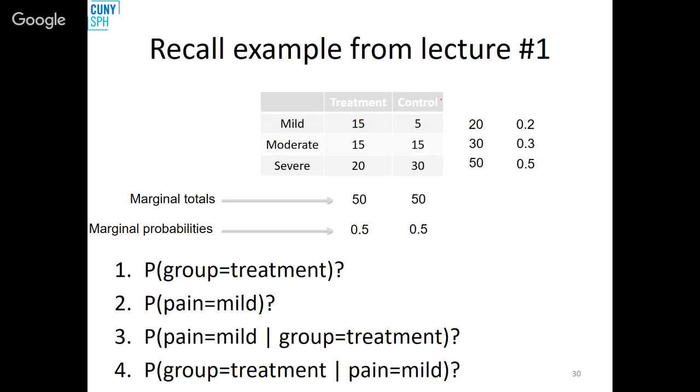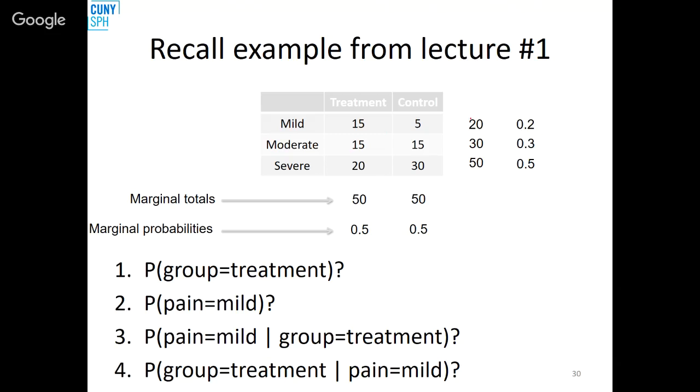Back in lecture number 1, we had this example of the pain study with treatment and control groups and self-reported pain on a scale of mild, moderate, and severe. So what is the probability of being in the treatment group here? The probability that your group is treatment.